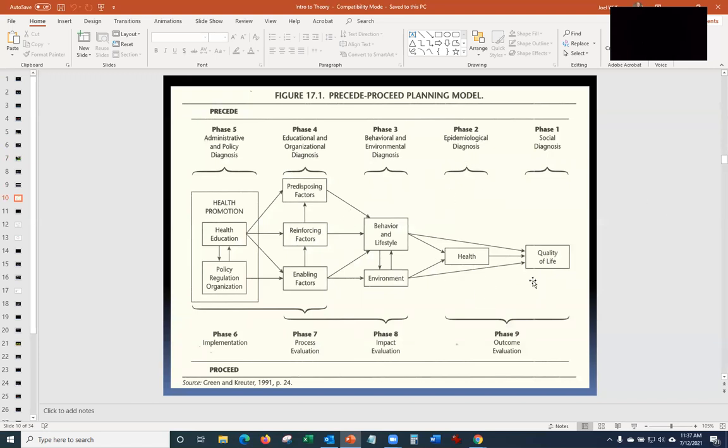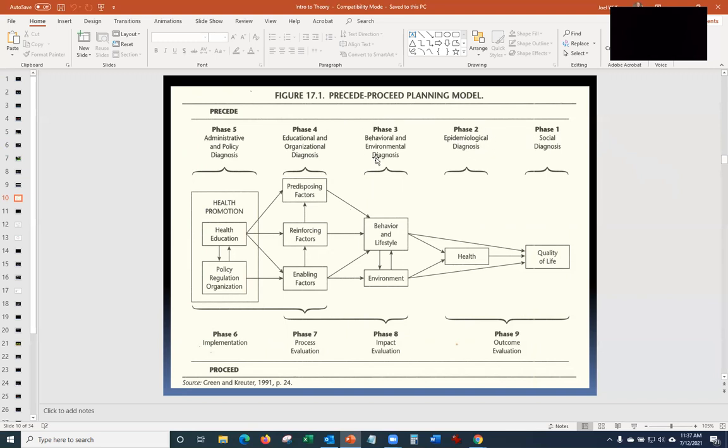Precede proceed is an example of a more complicated planning model. So notice that the phases go from right to left across the top here, and then left to right across the bottom. So the social diagnosis has to do with what is the burden of the disease or condition that you're interested in. We tie that to actual data that we get from our epidemiological studies.